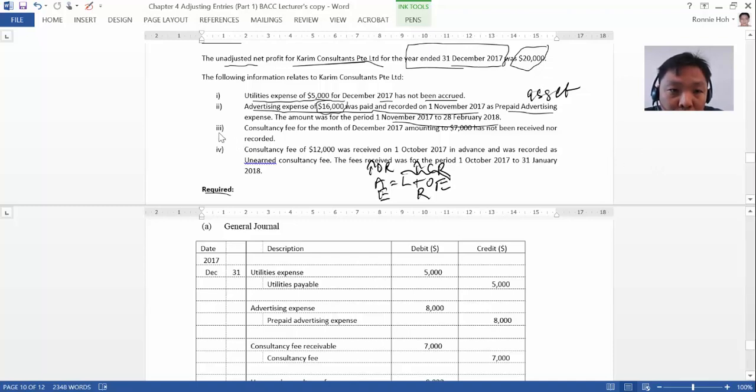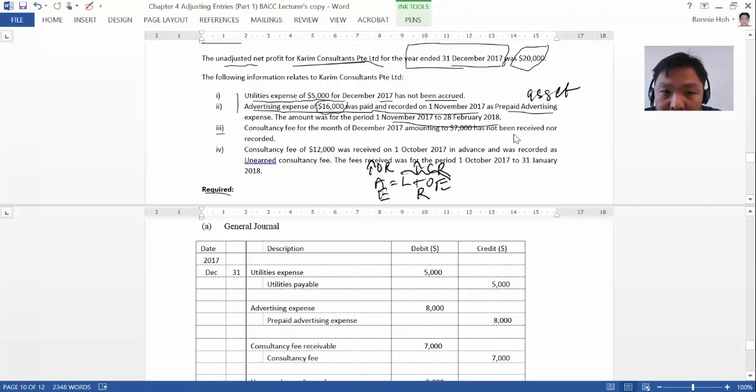Now let's move on to information number 3. Here we have a consultancy fee for the month of December amounting to 7,000, which has not been received nor recorded. So unlike the first two examples, can you see it relates to revenue?